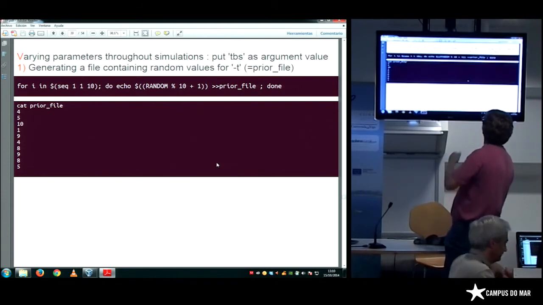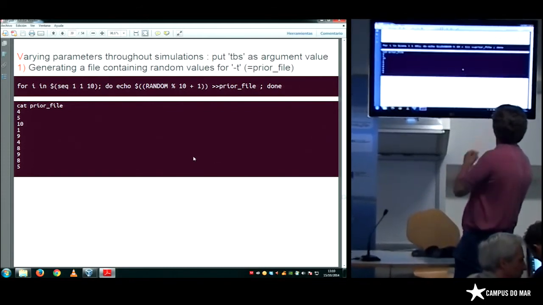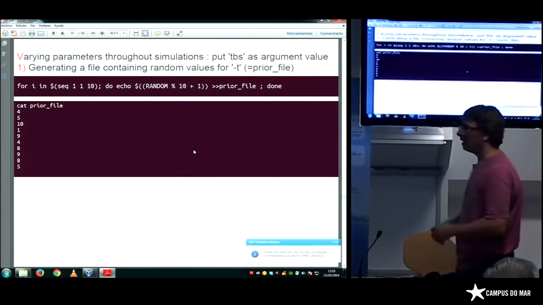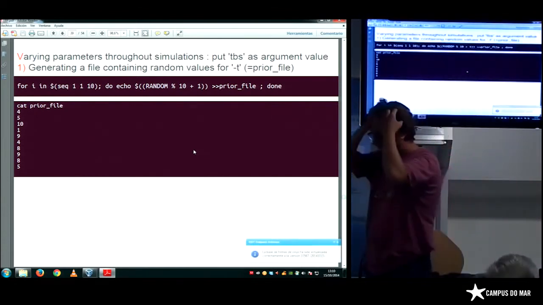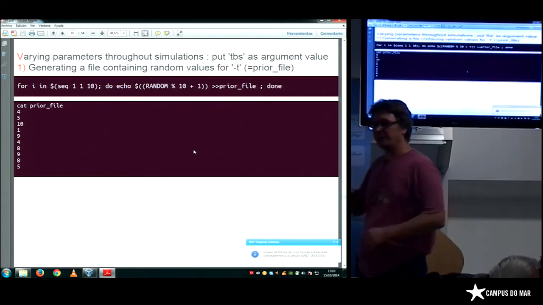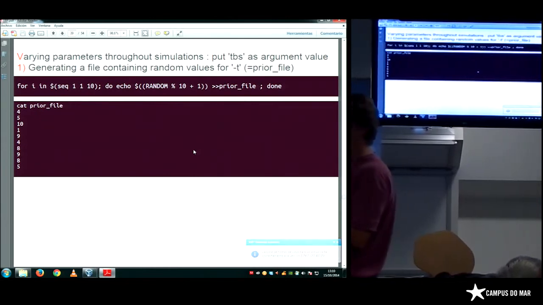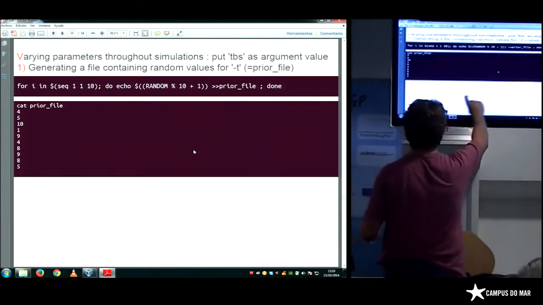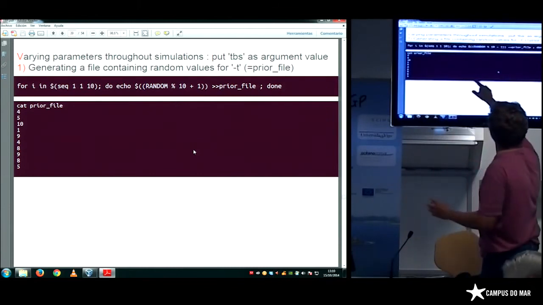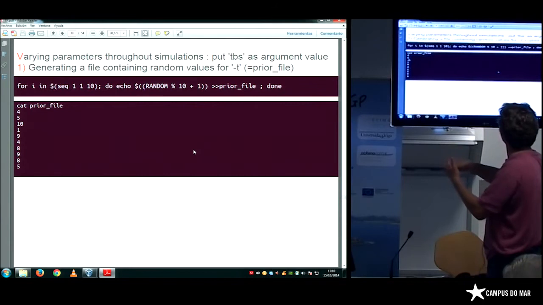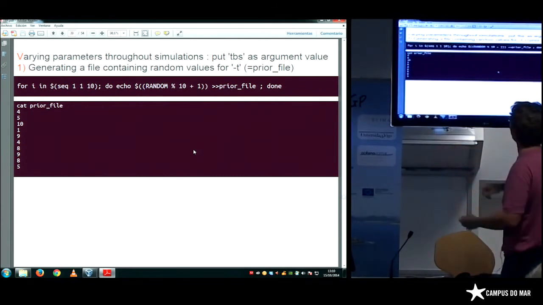Okay, so now how to explore the parameter space. You can sample the parameter in a distribution. Here it's just to show you how you can sample a uniform distribution.